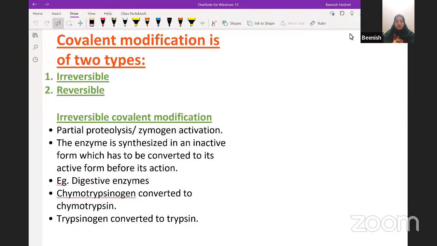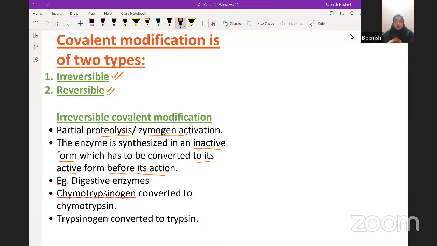Now, covalent modifications are of two types. It can either be irreversible or reversible. First, irreversible covalent modifications. It includes partial proteolysis or zymogen activation. The enzyme is synthesized in an inactive form, which has to be converted to its active form before its action.